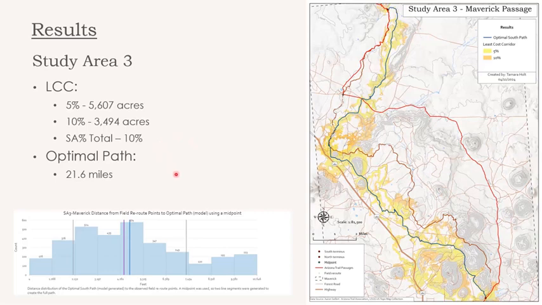The mean distance decreased over 1,600 feet to 4,694 feet, and the median distance decreased 1,700 feet to 4,420 feet. The standard deviation was 2,647 feet. The optimal path length increased by 0.7 miles.